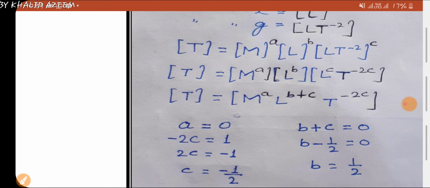Now I am comparing the power of L. So as you can see, the power of L is b plus c, and here L is not present. It means the power of L will be 0. So we can say that b plus c equals 0, and as the value of c is minus 1 upon 2, so b equals 1 upon 2.